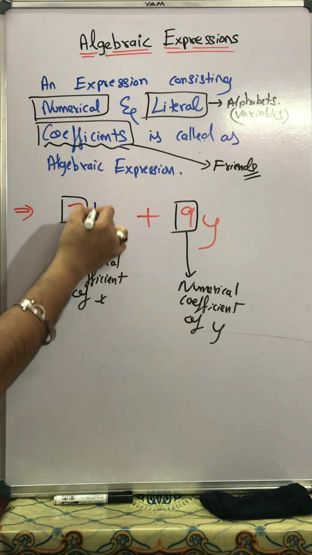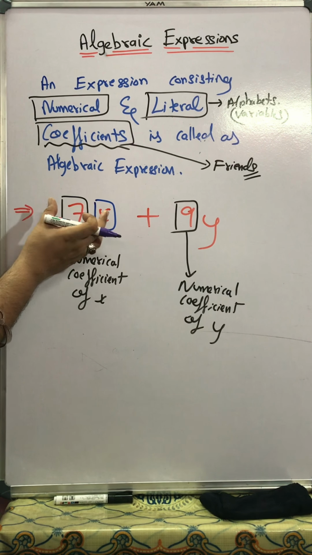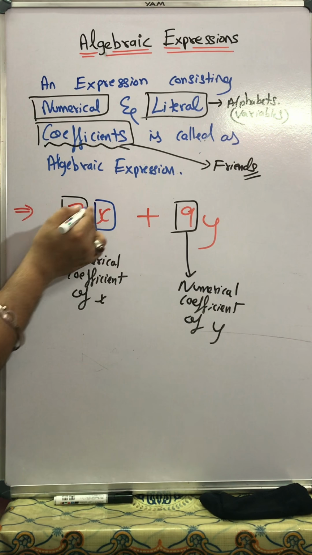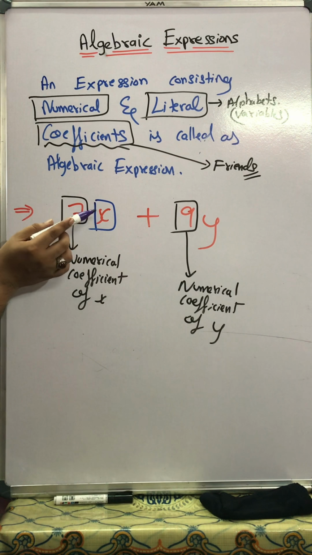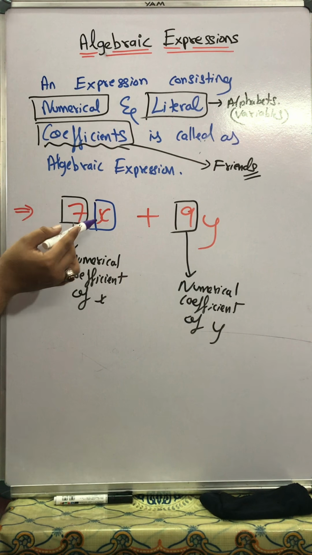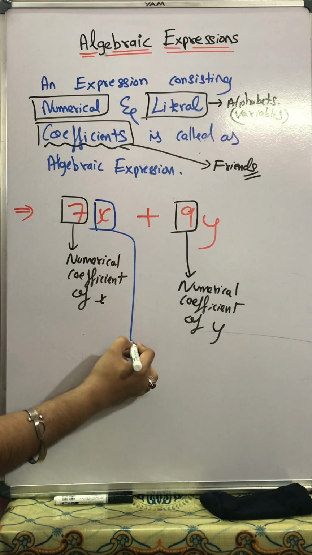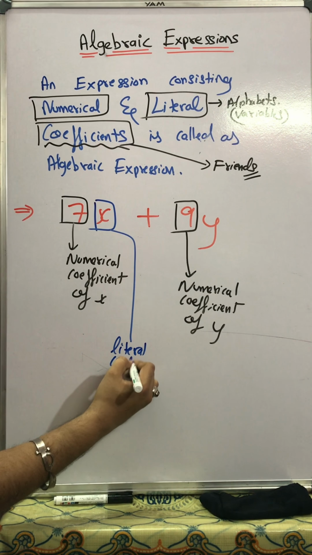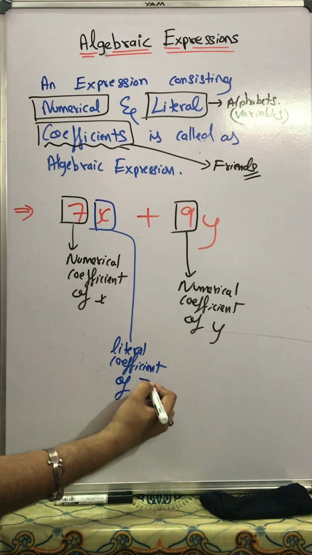Now let's speak about x. What is x? X is also a friend of 7. X is very close to 7. So can I say x can be called a literal coefficient? Yes, x can be called a literal friend, the alphabet friend. X is literal coefficient of 7.